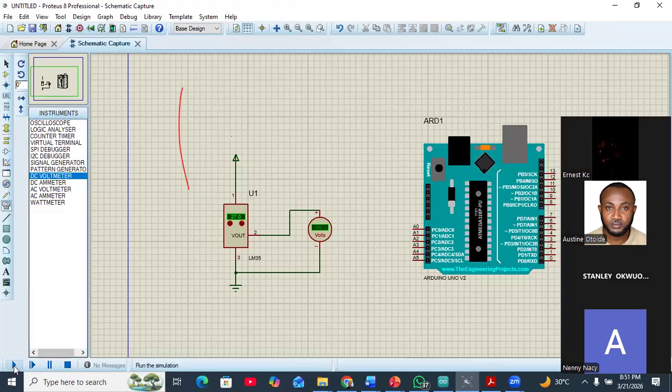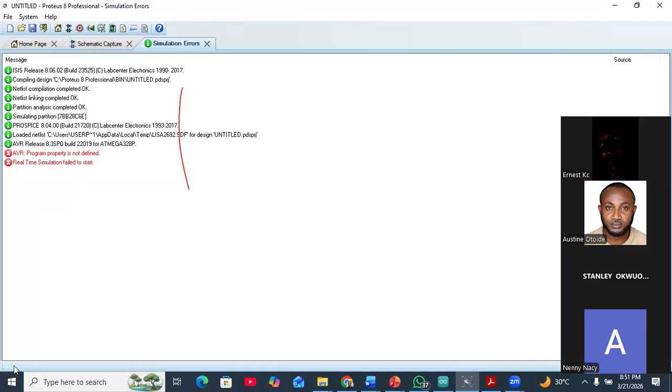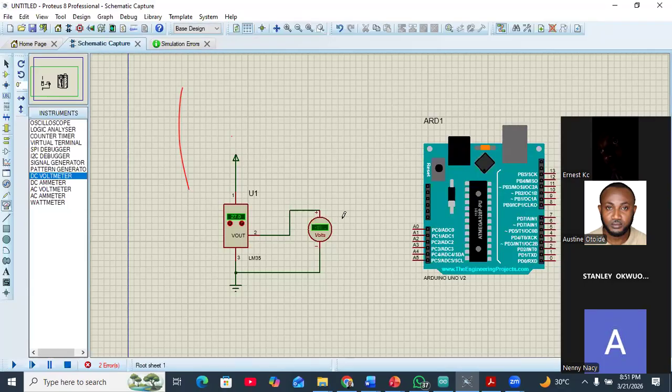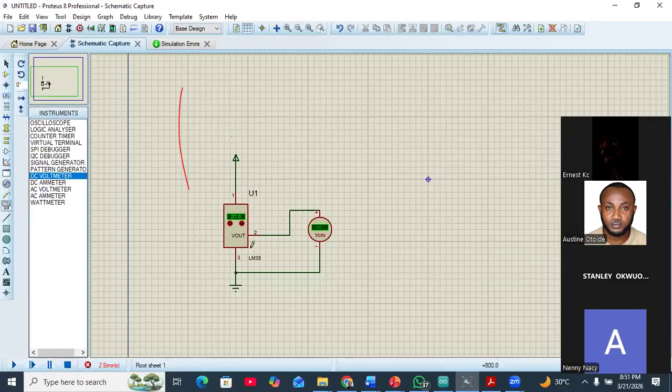Okay, we run the simulation. Let's see. It's throwing an error saying that something is not defined. Okay, so let's remove this one first.